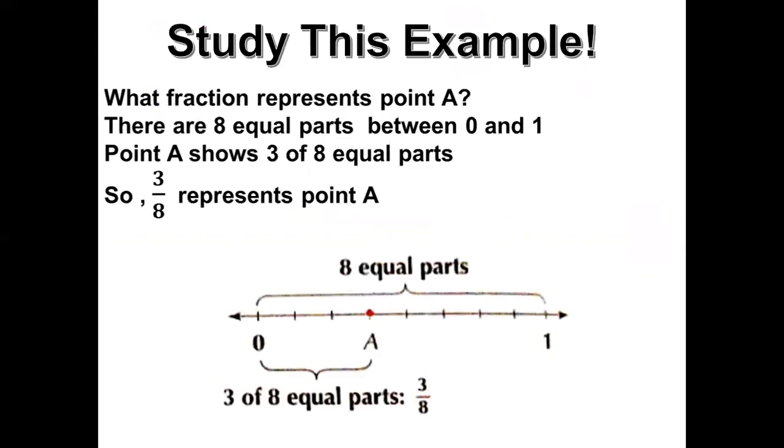Are you ready to discuss this example? Here, they want us to read what point A represents. We have this number line. It's divided between 0 and 1 into 8 parts. 1, 2, 3, 4, 5, 6, 7, 8. Make sure that all these parts are equal parts.